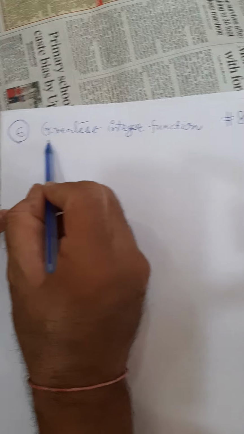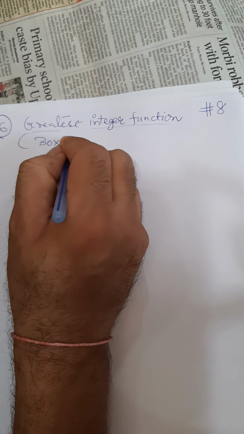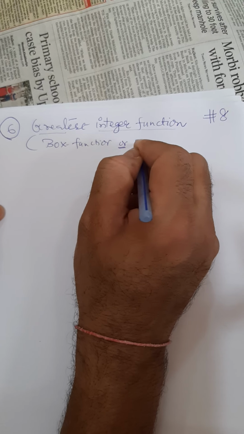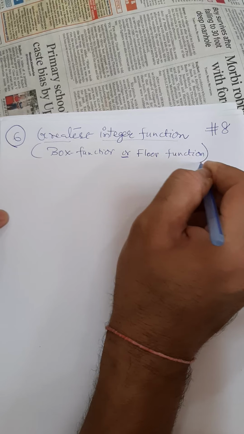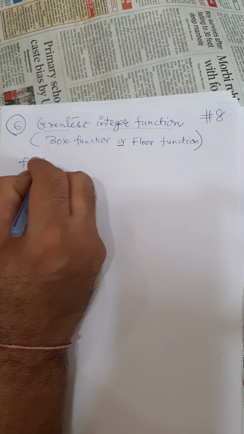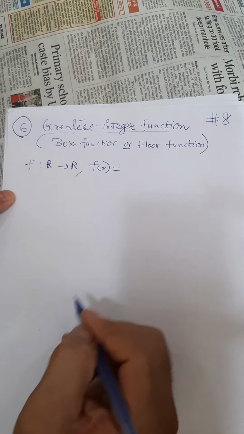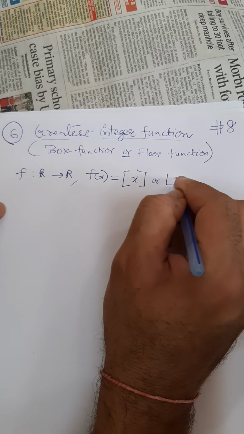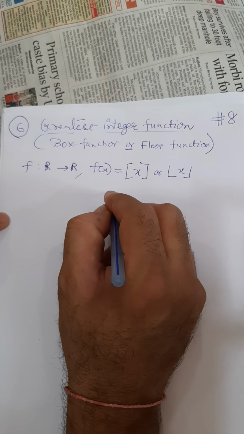The next one is the greatest integer function. This is also sometimes called the box function or floor function. The greatest integer function is a function from R to R, real numbers to real numbers, where f(x) equals box of x, this symbol, or sometimes just a bracket closed from the lower side. That's what is called floor. What's the definition?